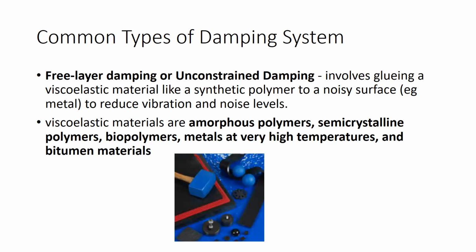This type of damping is commonly used to reduce structure-borne noise, noise that occurs from an object hitting a surface, such as the floor, ceiling, or wall. Free layer damping is more effective on large, thin vibrating surfaces, such as metal chutes, hoppers, and machine guards.